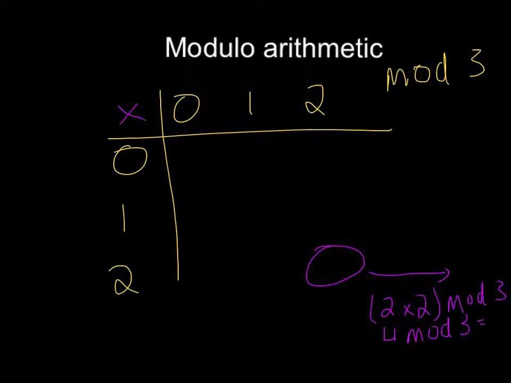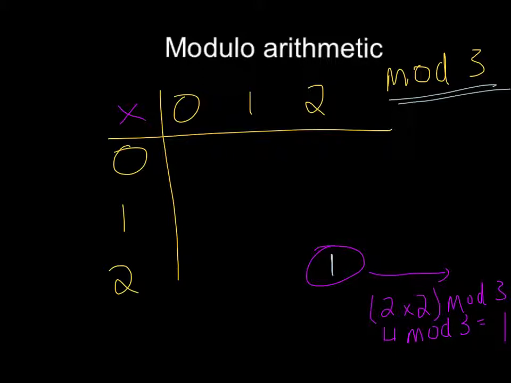Well, 4 divided by 3 gives you 1, remainder 1. The key here is the remainder. So this position in the Cayley table, 2 and 2, has a remainder of 1 in mod 3.